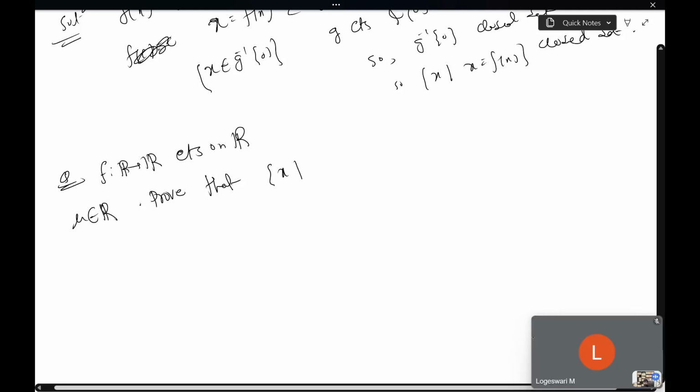Prove that the set of x such that f(x) not equal to mu is an open set. For the question, f from R to R is a continuous function, you need to show that all those x such that f(x) is not equal to mu form an open set. Okay. So how to approach this type of problem? Is it similar to the previous one?